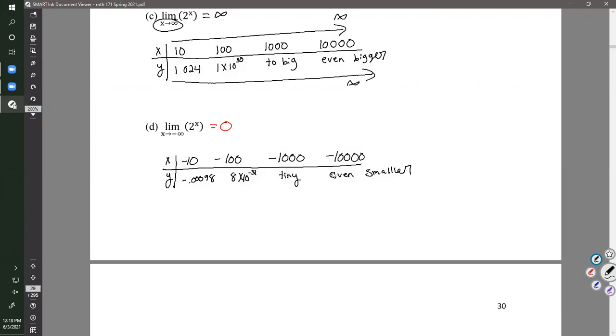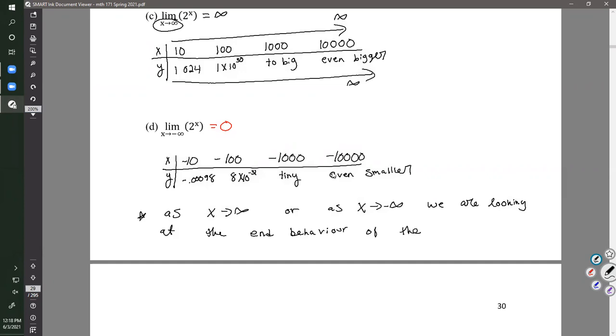So that is a note. As x goes to infinity, or as x goes to negative infinity, we are looking at the end behavior of the graph.